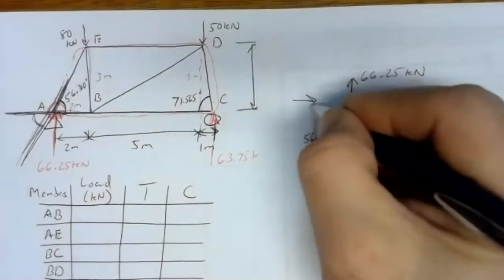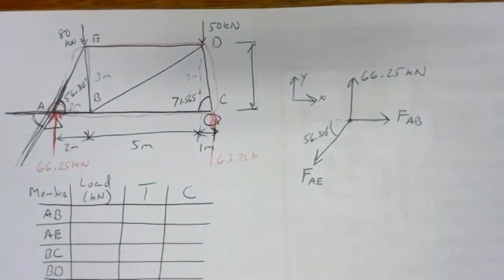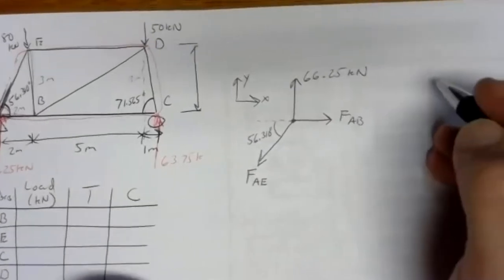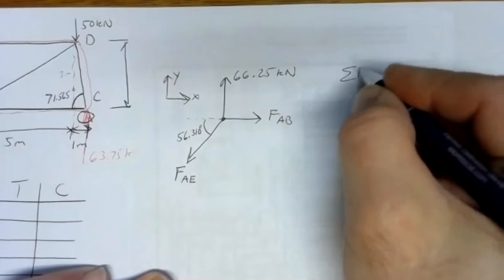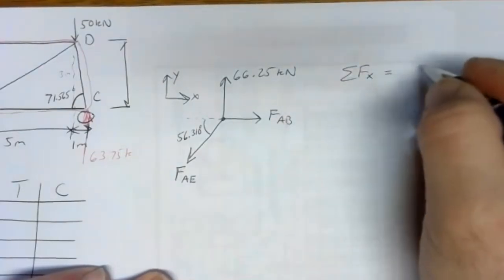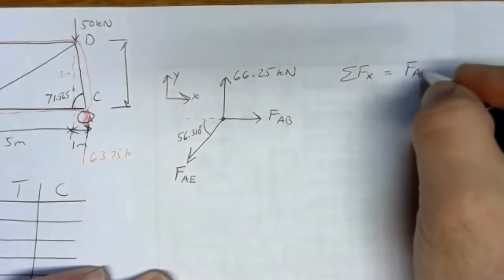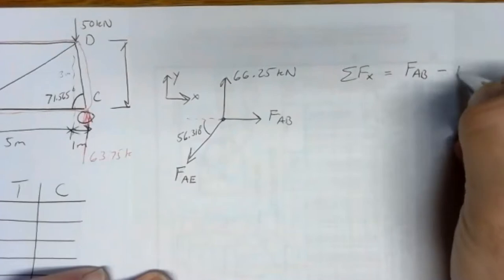So let's draw our coordinate system, positive x and positive y. And now we can go ahead with our sums. So we'll push that off to the side for a second here. Sum of forces in the x direction. We've got all of FAB and it's to the right, so it's positive. We've got a piece of FAE to the left.